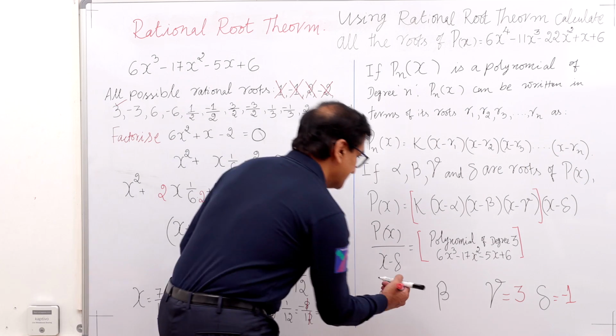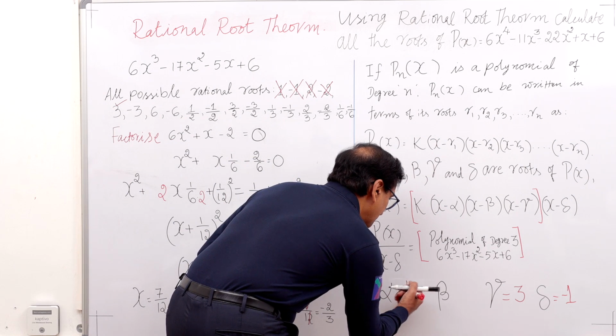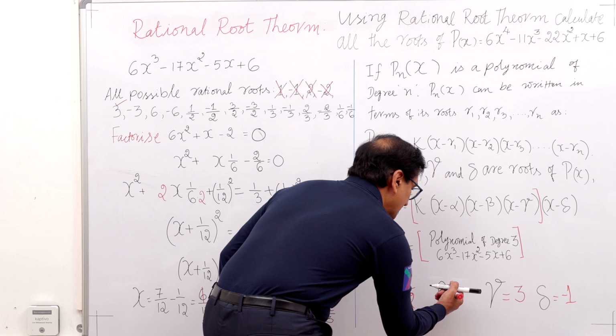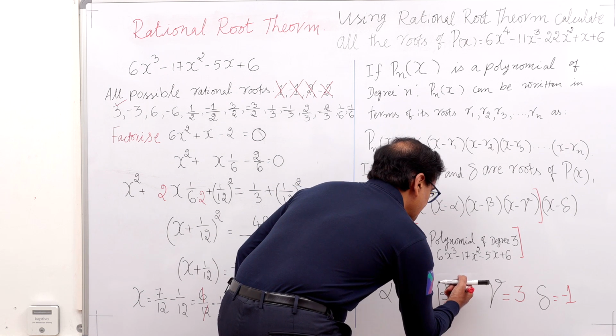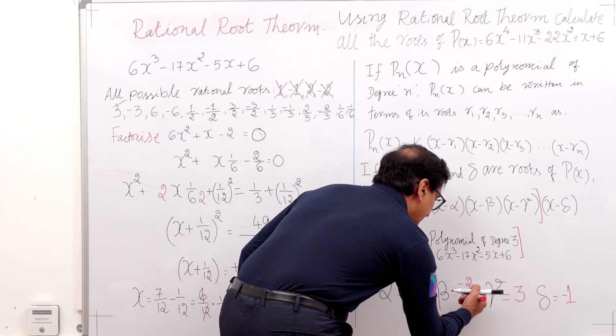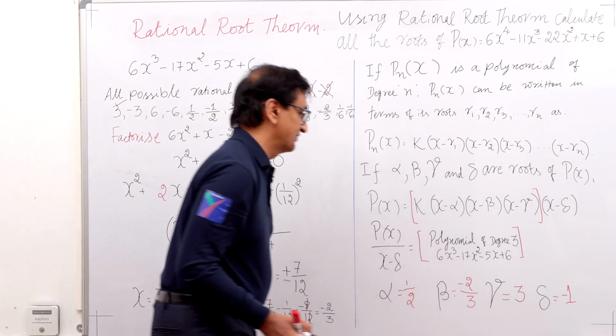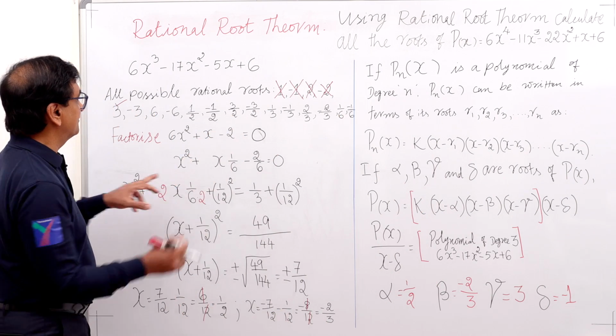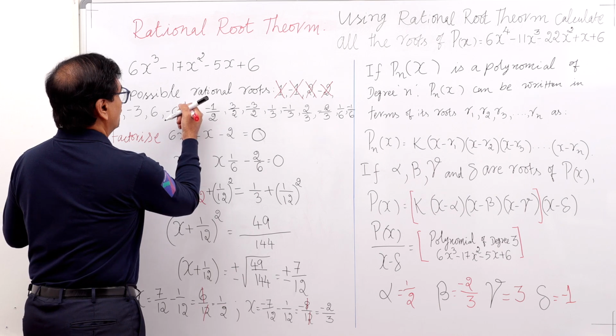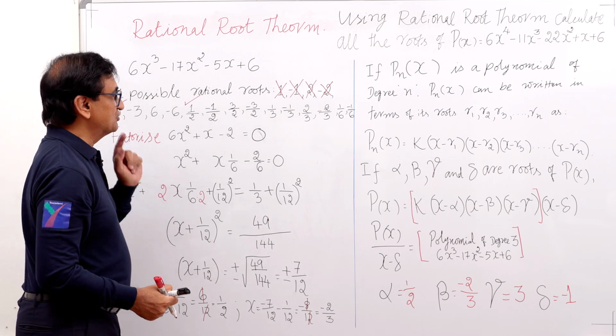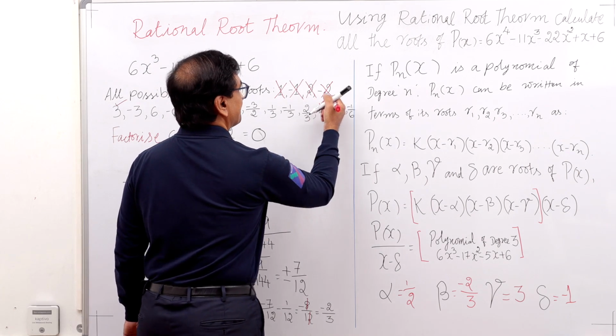So alpha equals 1 divided by 2, beta equals minus 2 divided by 3. So we have half is the root and minus 2 by 3 is also a root.